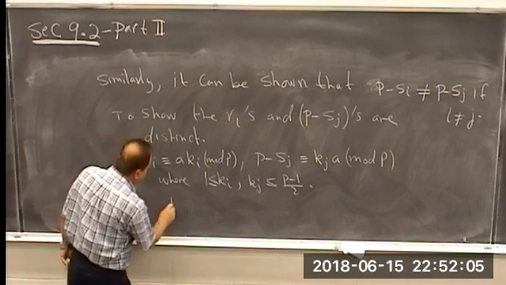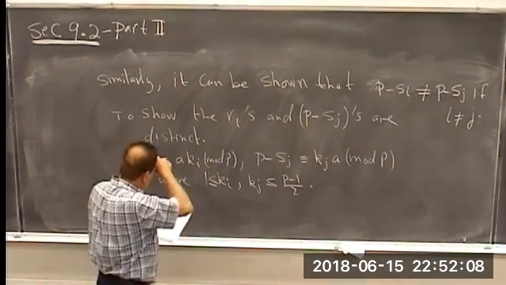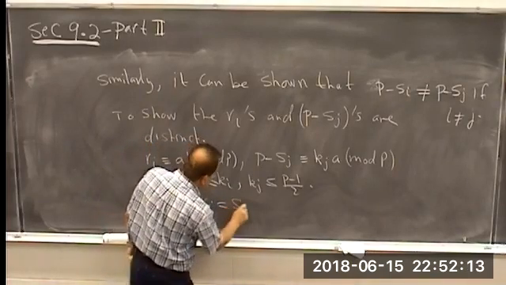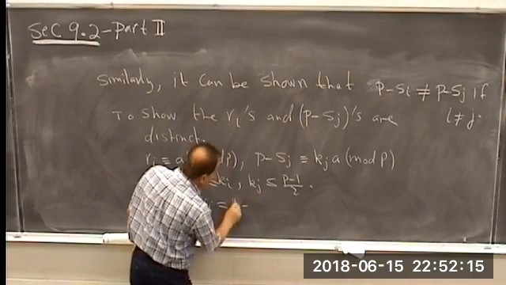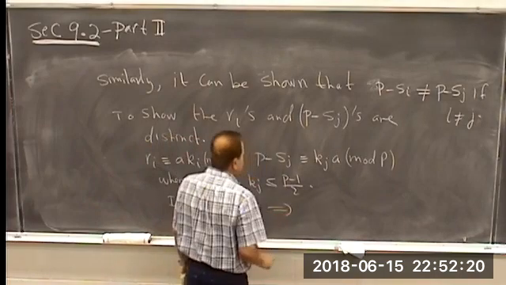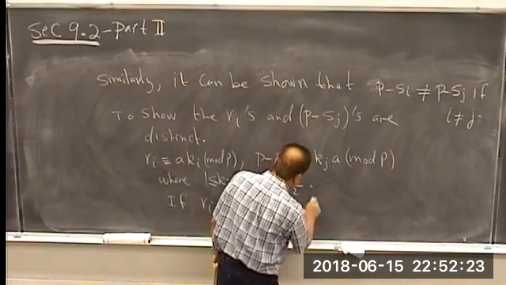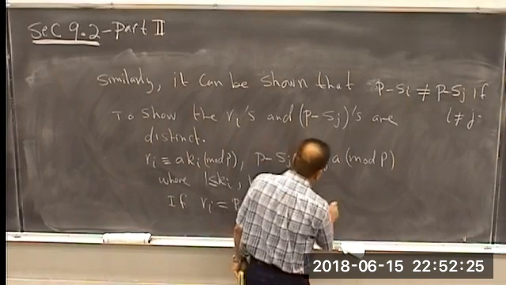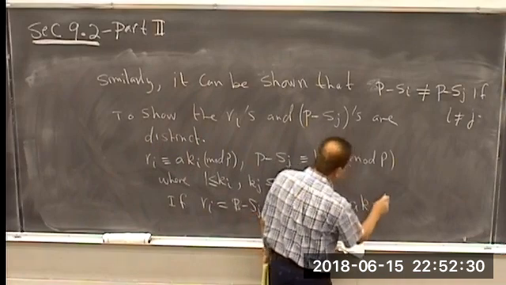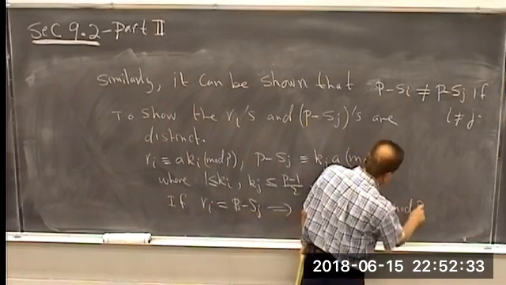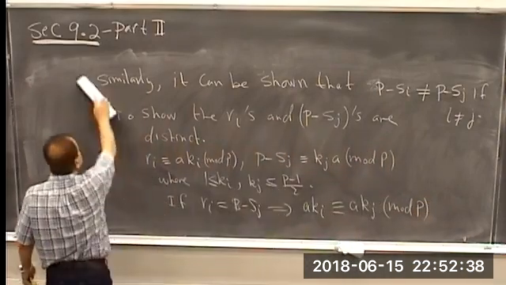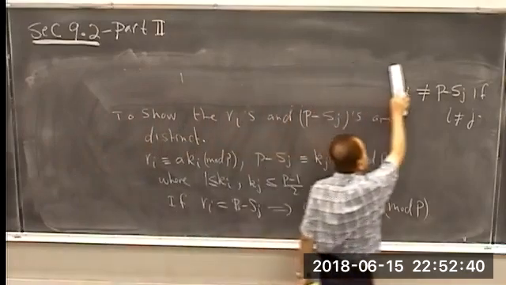But if we have these equal to each other, this implies that the originals, which are multiples of a, is going to be congruent to a k sub j mod p. Same as before, which produces this congruence relation.